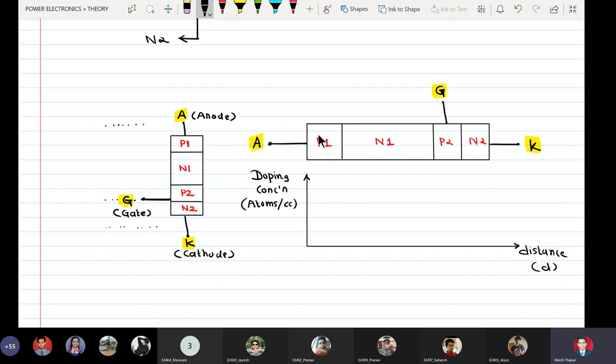And now we are supposed to learn what the doping concentration is for region P1, for region N1, for region P2, and similarly for N2. So we are going to draw dotted lines here.